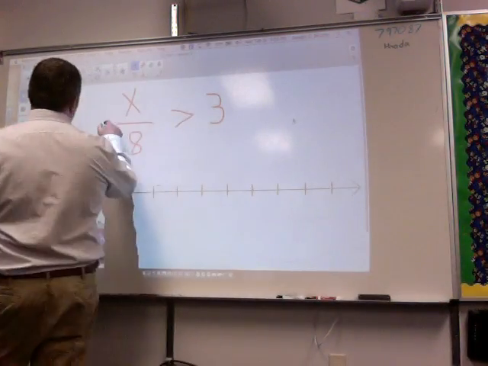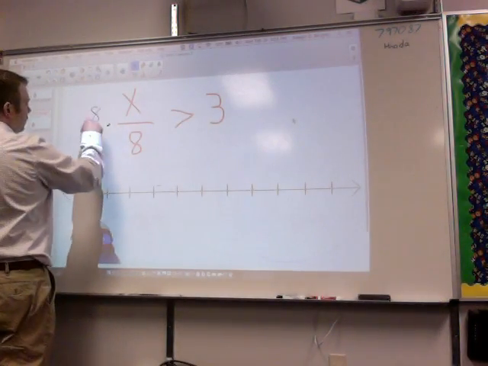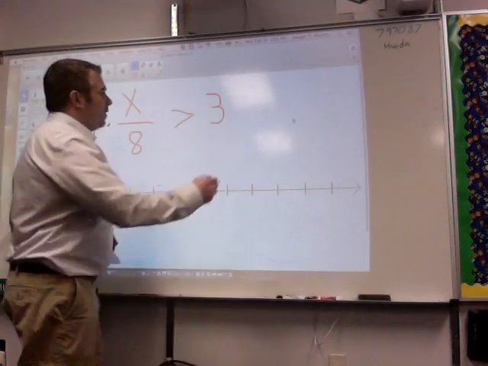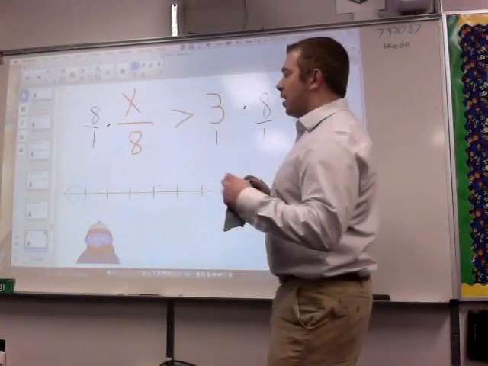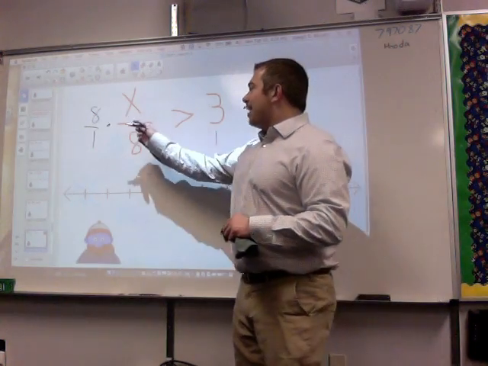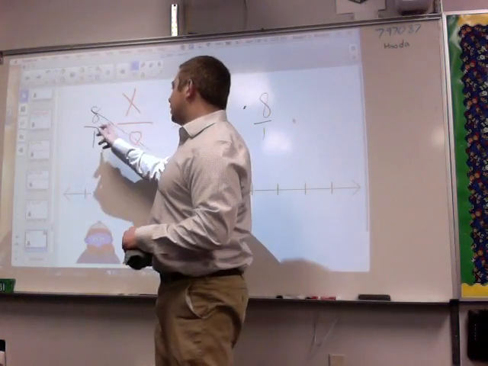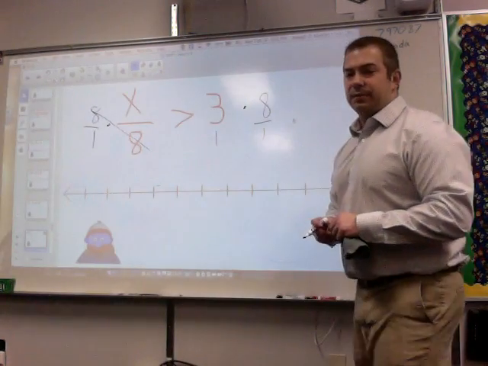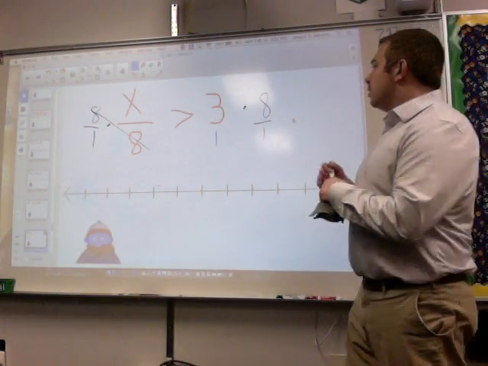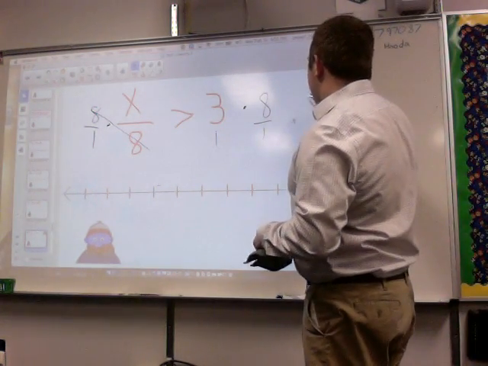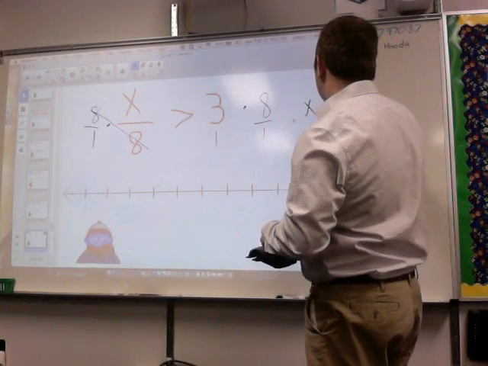So I multiply this by 8, which is really 8 over 1. I multiply this side by 8, which is really 8 over 1, whatever. So my 8's cancel out, and I'm left with just x over 1, which is just x. And 3 times 8 equals 24. So I'm left with x is greater than 24.